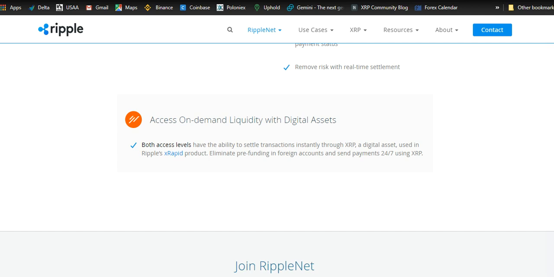You know, the age of the internet is finally reaching the financial sector, and they're able to do things in a matter of seconds or minutes versus days. So again, that's the main reason that I've chosen XRP as my number one digital asset, because of its use case and what the company Ripple is able to do with XRP.